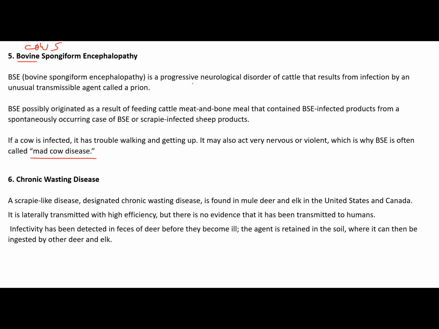BSE possibly originated as a result of feeding cattle meat and bone meal that contained BSE-infected products or scrapie-infected sheep products. So the cause, class, of bovine spongiform encephalopathy is that the cattle would eat meat and bones from infected sheep. Now, if a cow is infected, it has trouble walking and getting up. It may also act very nervous or violent, which is why BSE is often called mad cow disease.